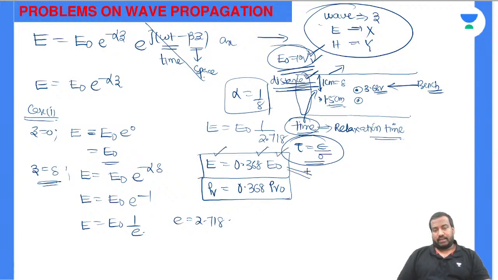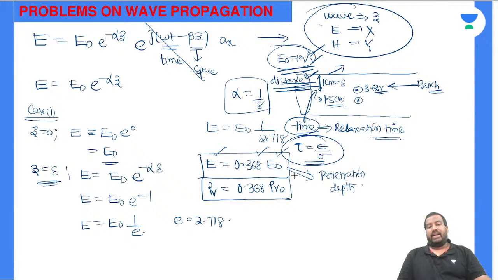What is this? Penetration depth. What is penetration depth telling you? Penetration depth is the distance traveled by the wave to decrease to 36.8% of its initial value, field component.